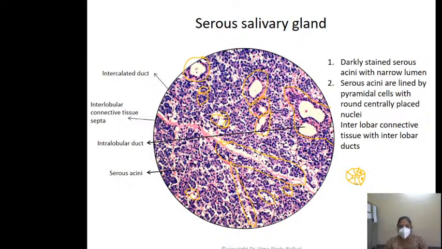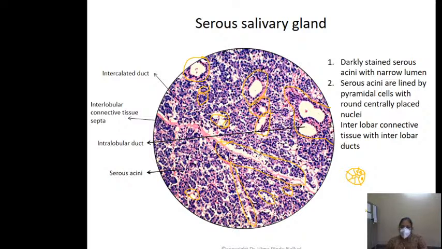The cells will be pyramidal. If you look under high magnification, you can see them. The lumen is not very clear. You can see here a very small lumen, and the cells have the rounded nucleus. That is the structure of the serous acini. The parenchymal pattern will be similar for all three glands.